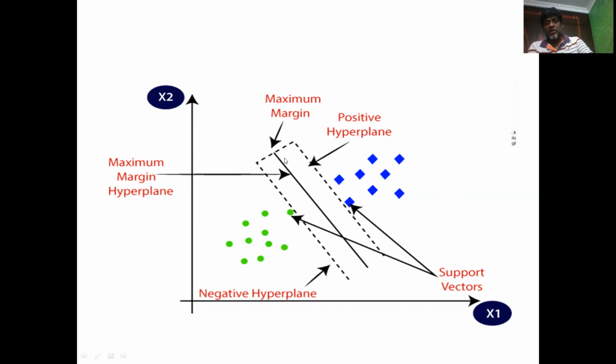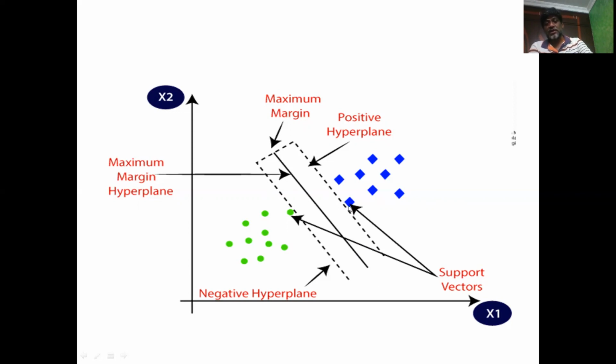The margin between the optimal hyperplane and the positive hyperplane, plus the optimal hyperplane and the negative hyperplane, is called the maximum margin, and the optimal hyperplane is also called the maximum margin hyperplane. The points that lie on the positive hyperplane and negative hyperplane are called support vectors.